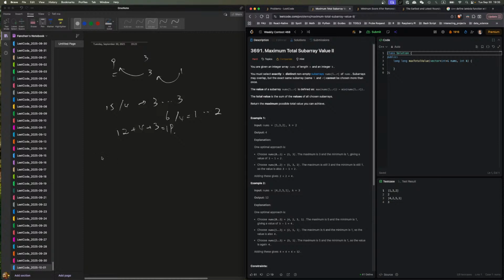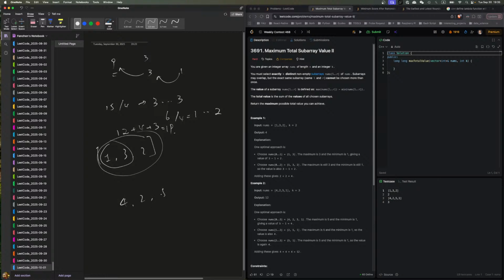So in that case, 1, 3, 2, we can still do. What we want is the maximum possible total value. So k equals 2, so I need 2 subarrays. The first one can be this, the second one can be this, and then we get the same thing. And then 4, 2, 5, 1.